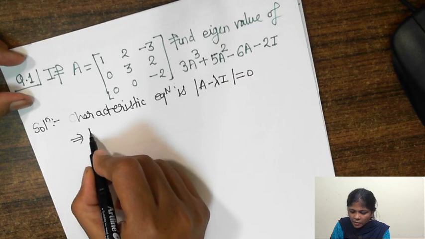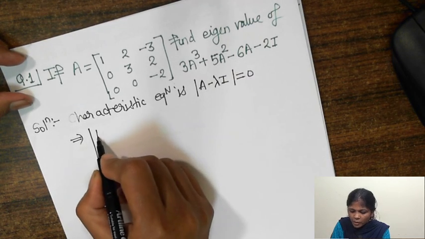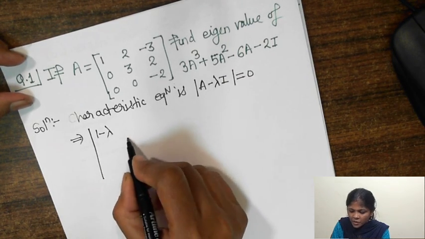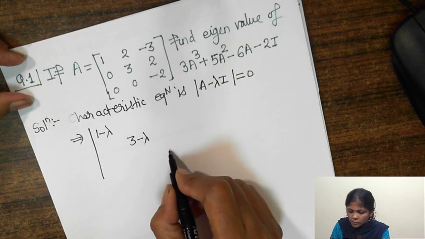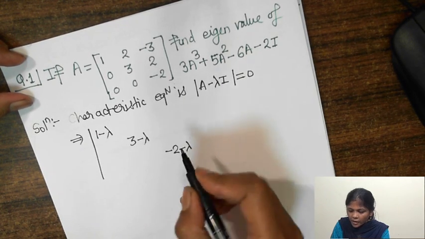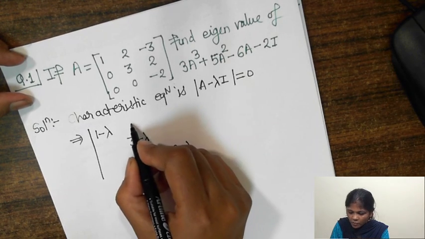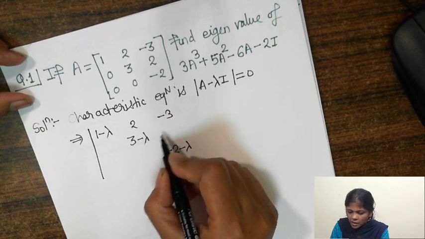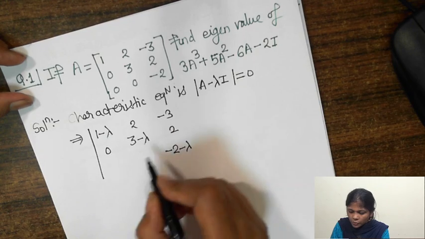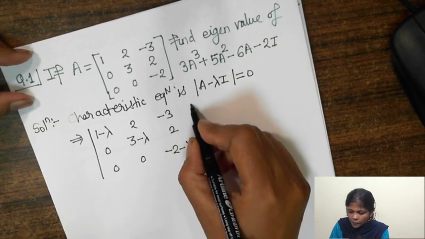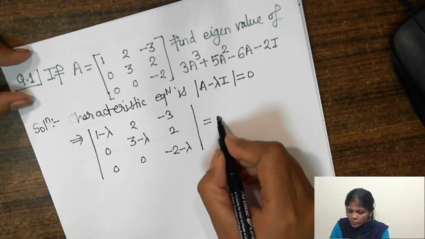Write down this determinant. Our procedure is, from the diagonal elements we subtract lambda and write down the remaining elements as they are.